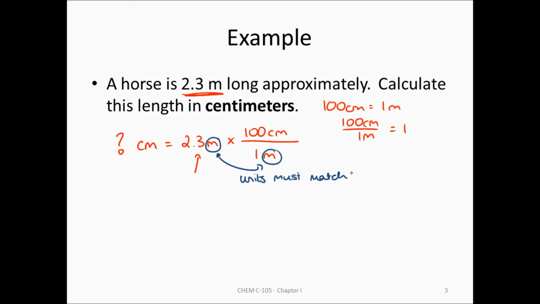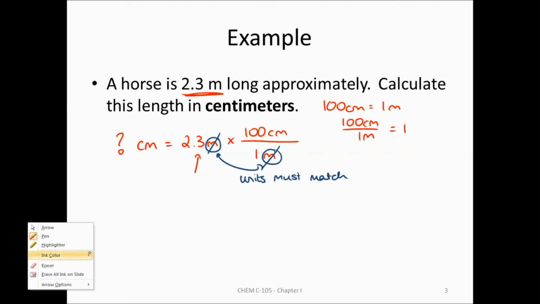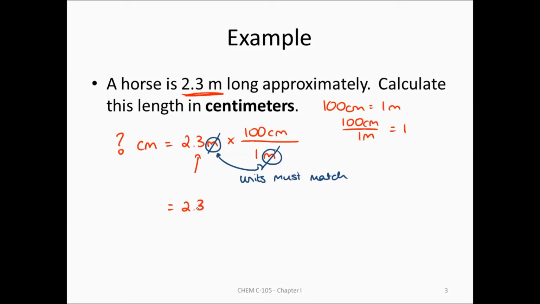Essentially, the technique of dimensional analysis involves stringing it together and canceling units until you get the right units. So here, my meters cancel out, and I'm left with centimeters in my answer. And so the answer is 2.3 times 10 to the 2 centimeters.